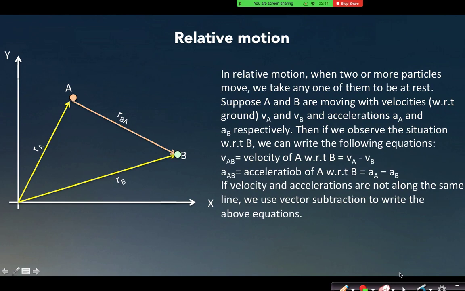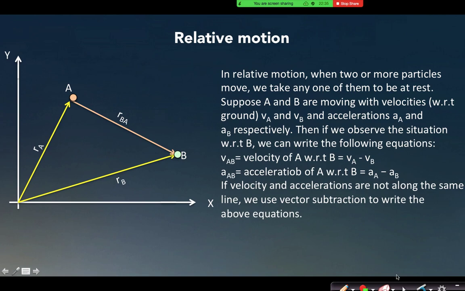In relative motion, when two or more particles move, we take any one of them to be at rest. Suppose A and B are moving with velocities with respect to ground, VA and VB, and accelerations AA and AB respectively. Then if we observe the situation with respect to B, we can write the following equations. VAB is VA minus VB, AAB is AA minus AB.